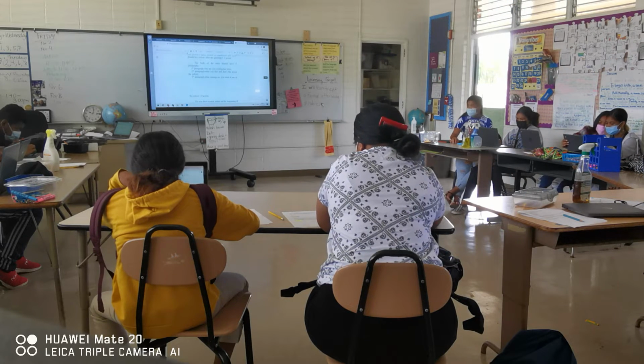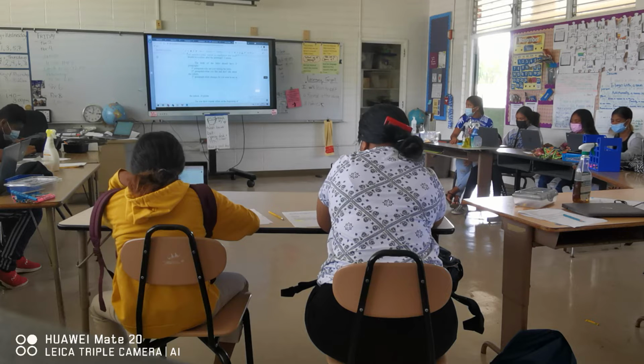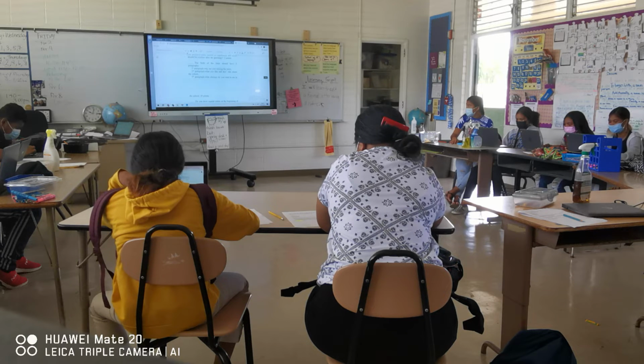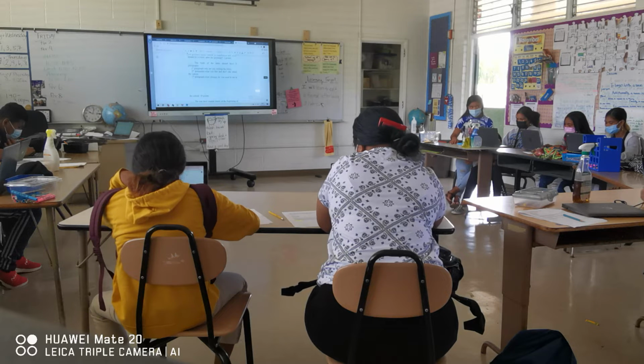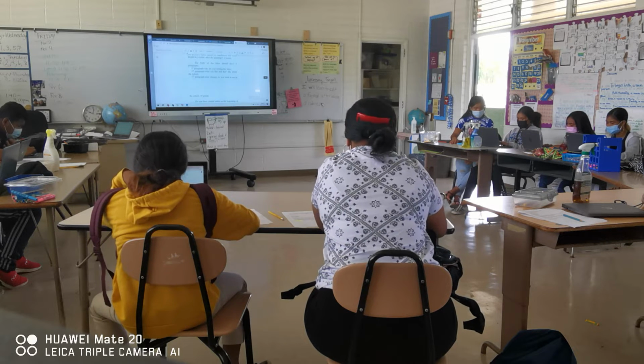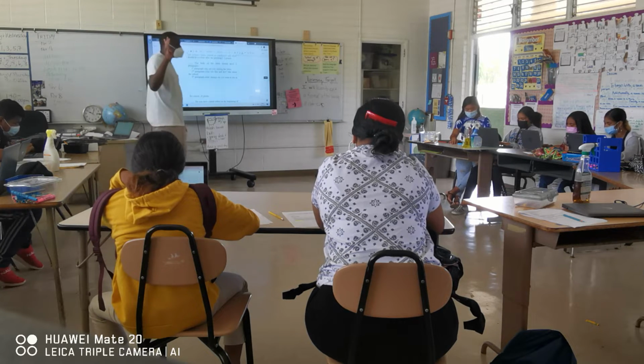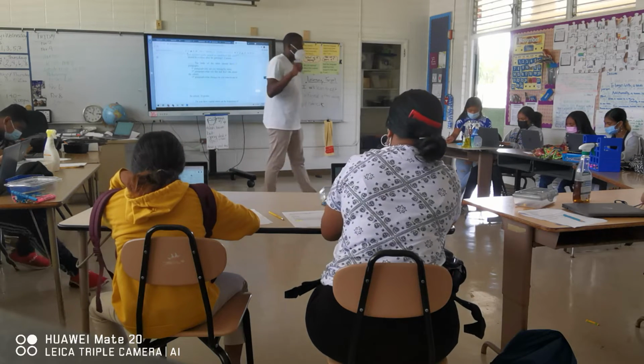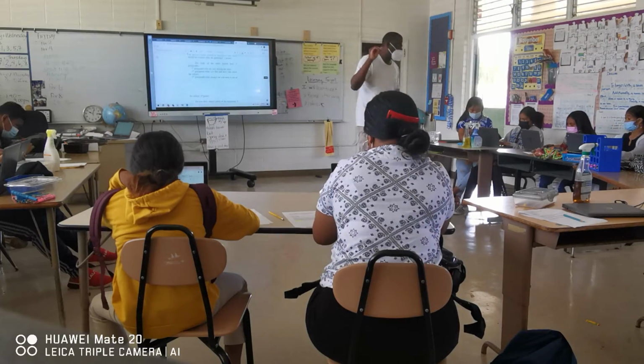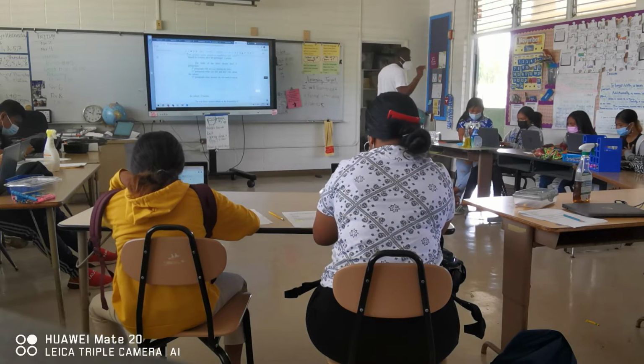Make sure it's all to the left, right? Make sure you have 3 paragraphs. So you have 3 paragraphs in your letter. Make sure you have the address, the date, closing, signature.